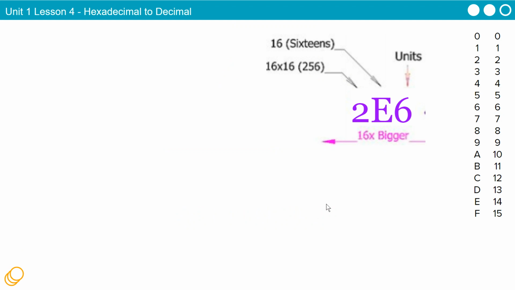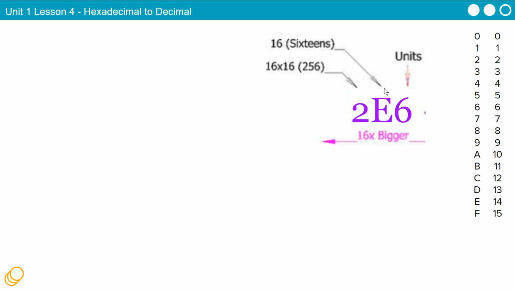And in binary, when I want to add another digit, I multiply by 2 because we have 2 possible digits. Hexadecimal has 16, starting with 0 through 9 and then A through F. 16 possible digits here. So anytime we want to add a new digit, what do you think we multiply by? 16.